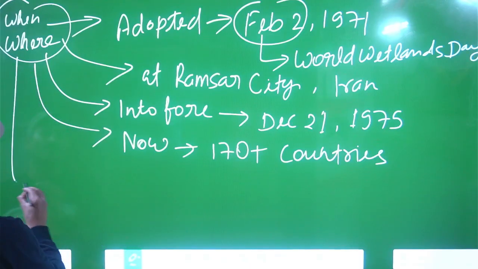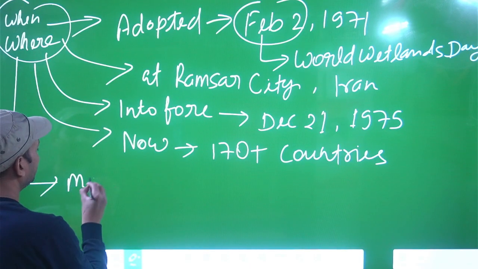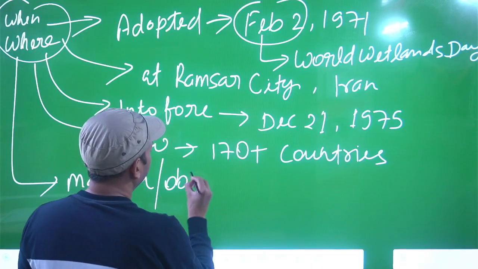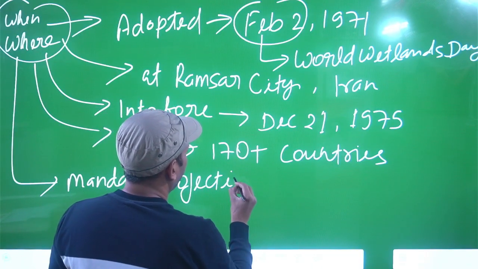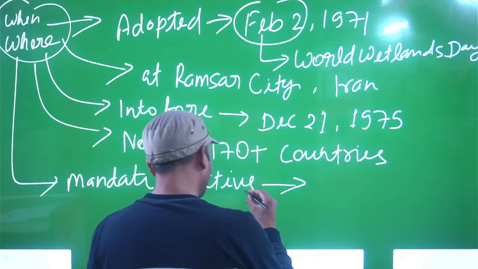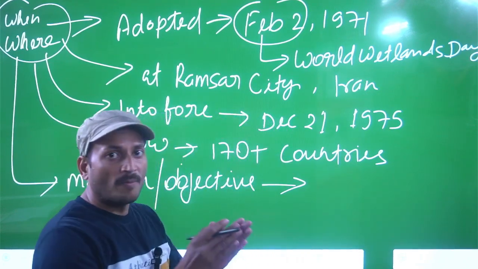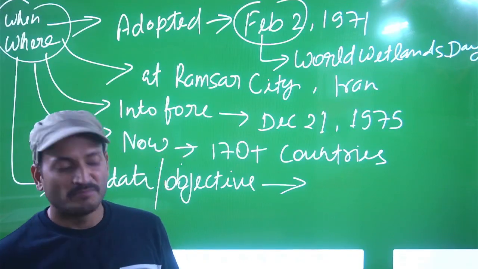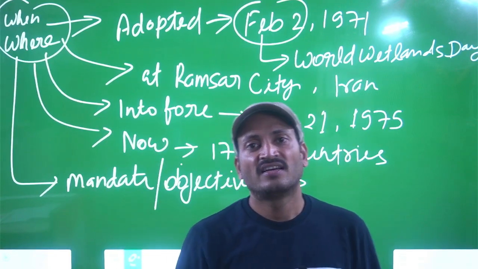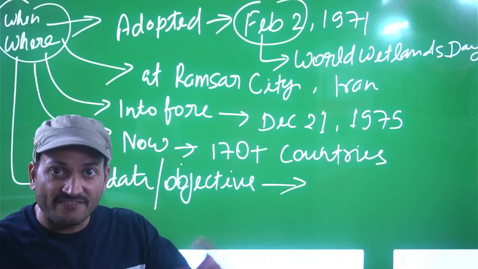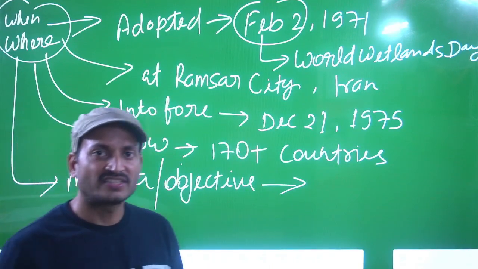Now, if we talk about the mandate or the objective of the Ramsar Convention, we know that it was brought to establish a global coordinated effort for the conservation of wetlands.